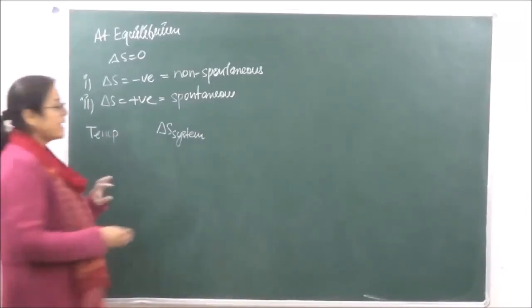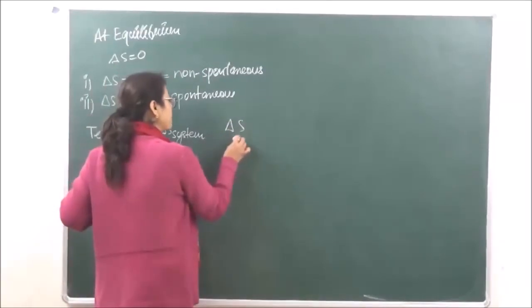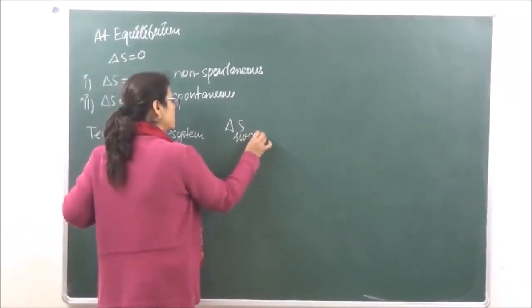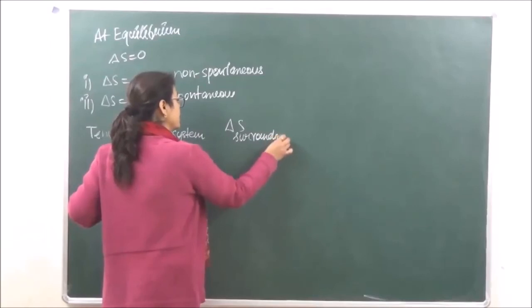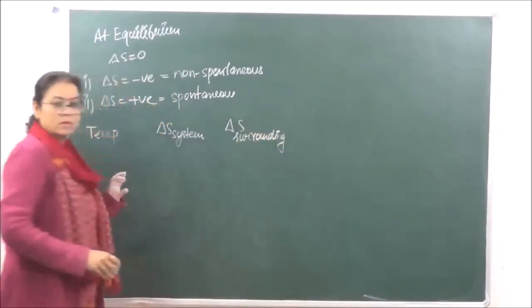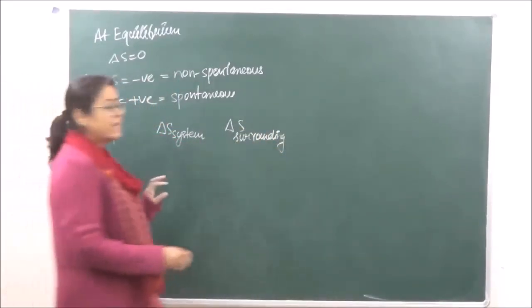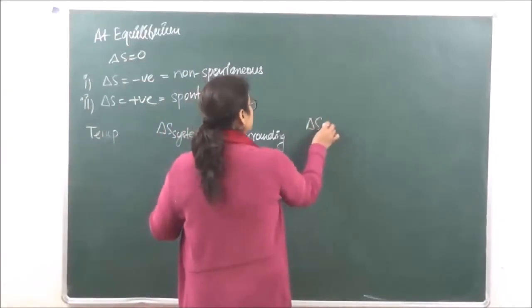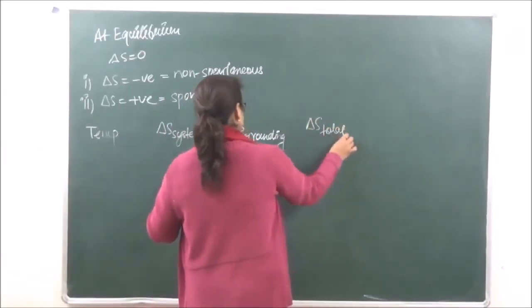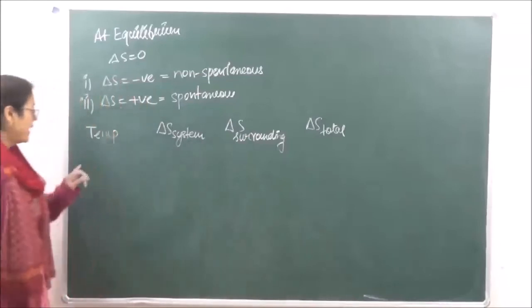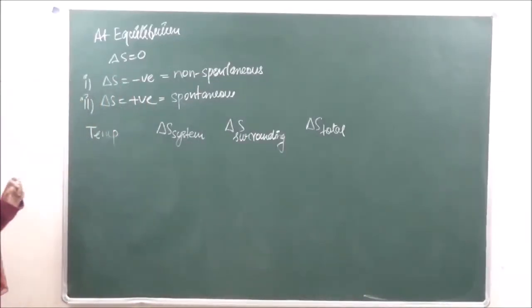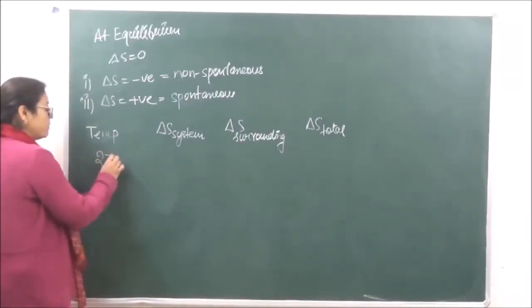We are taking delta S of surroundings, and delta S total over here. Let's say we are taking a temperature of 272 Kelvin.